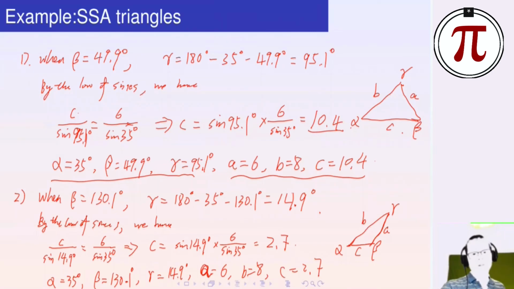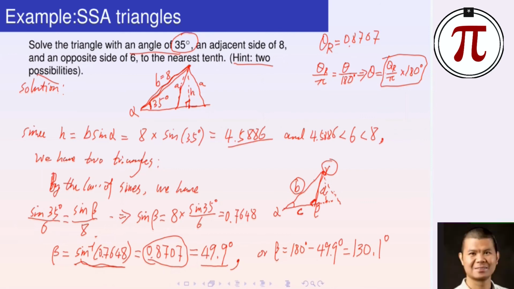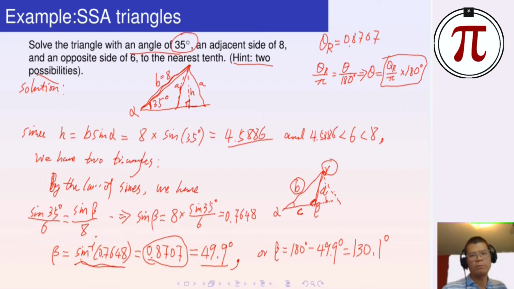All right. So in this one, we firstly found this H, right? H equals B sine beta, that is 4.5886. Now, since this opposite side 6 is greater than this and less than 8, there are two possibilities, right? Then by the law of sines, we try to find the angle for beta, because B is given.